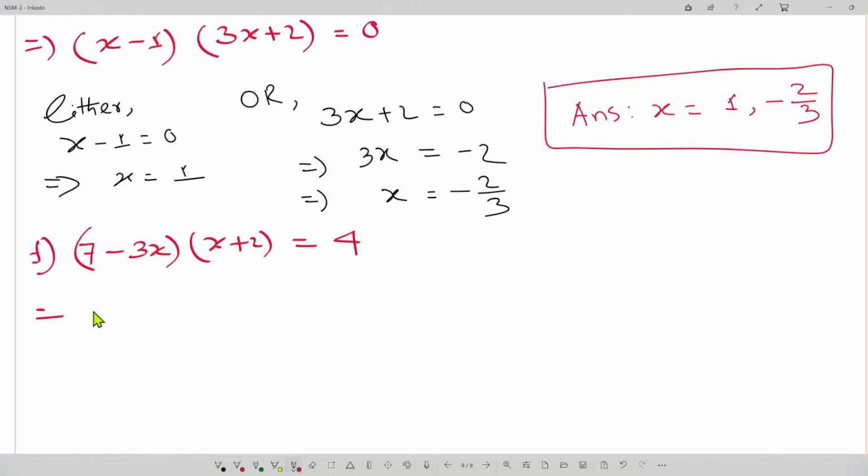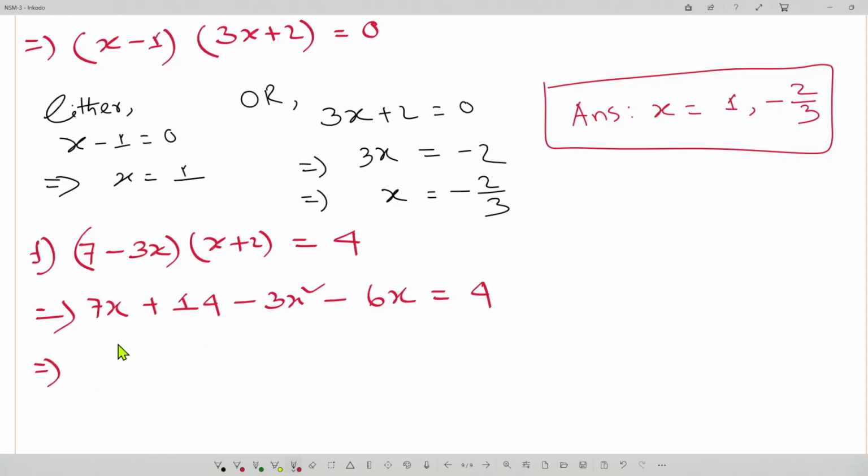So 7 times x will be 7x, and then 7 times 2 is plus 14, and minus 3x times x will be minus 3x square, and minus 3x times plus 2 will be minus 6x equals to 4.